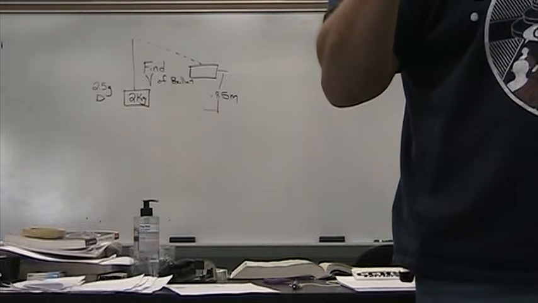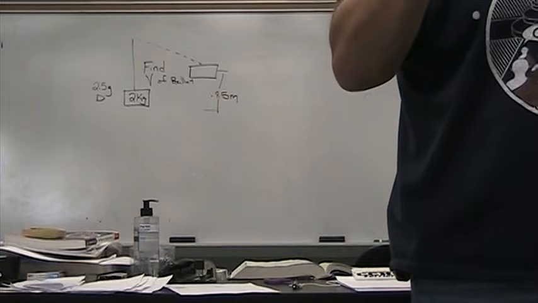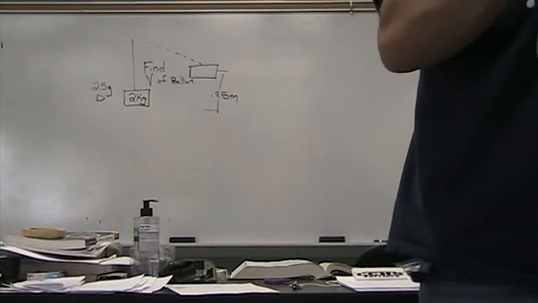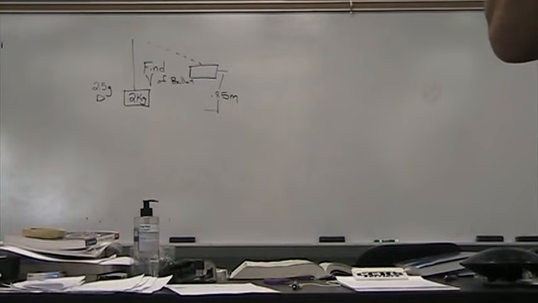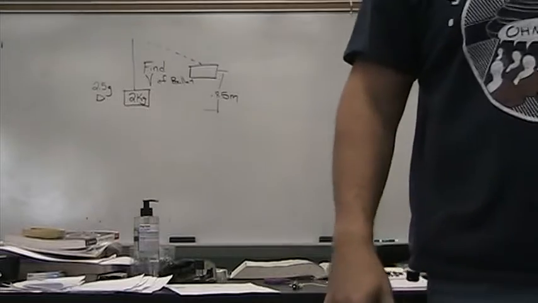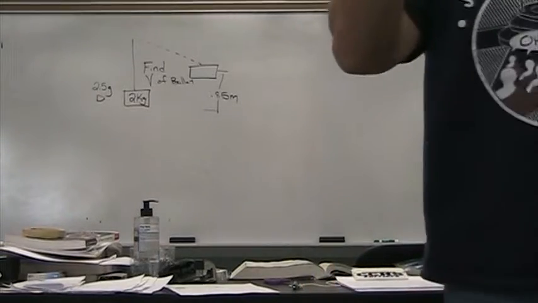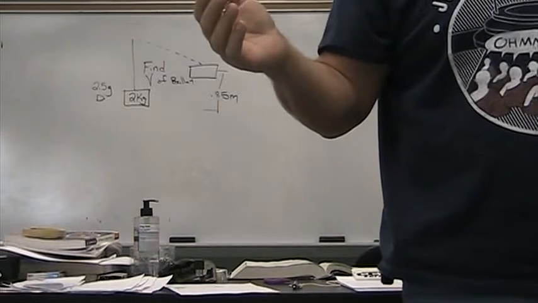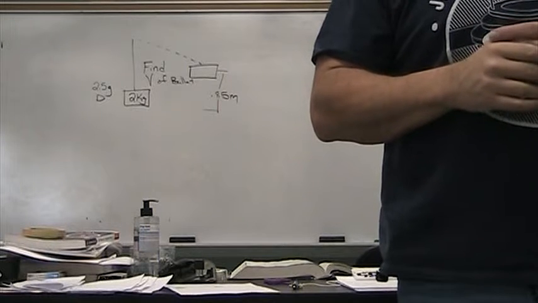It knows the distance between the 2 loops, and it measures the time that it entered the first loop and exited the second loop. So if you know the distance between the 2 and you know the time, what can you find? Velocity or speed, okay?